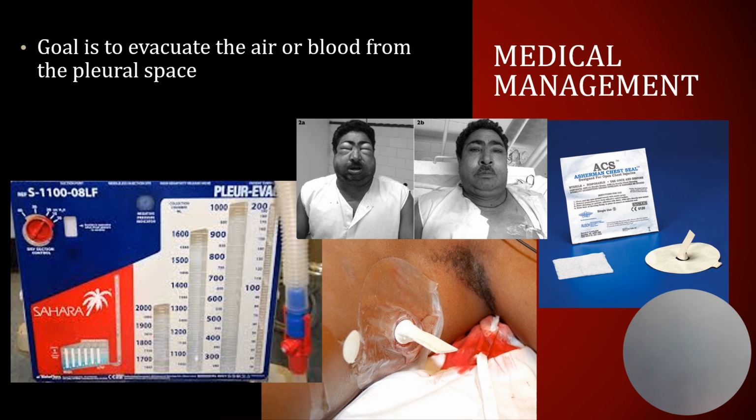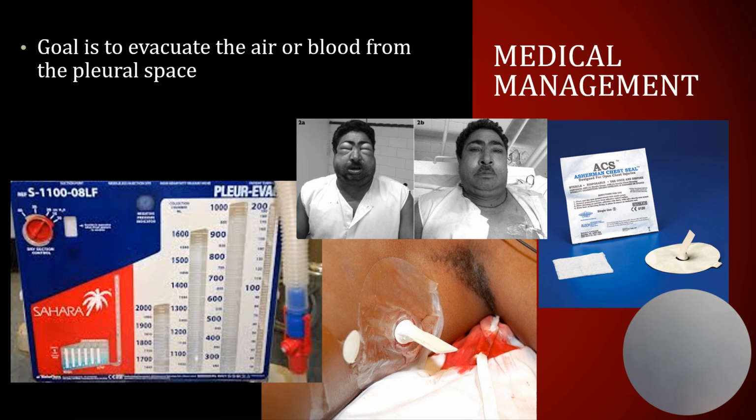And in case it becomes disconnected for some reason, if we don't have the chest clamps available for some silly reason, we can put the end of the tube in a cup of sterile water, and that will help prevent sucking air into that pleural cavity.